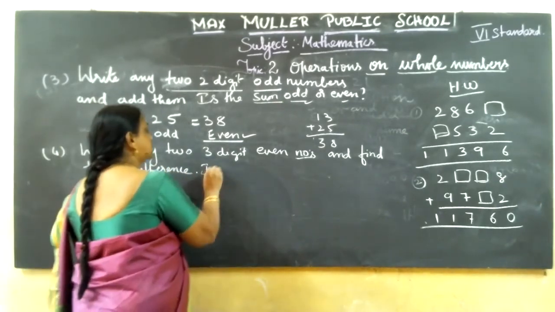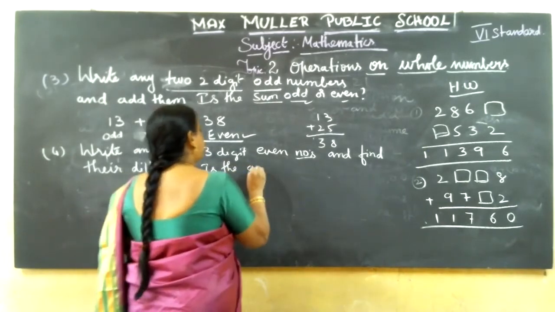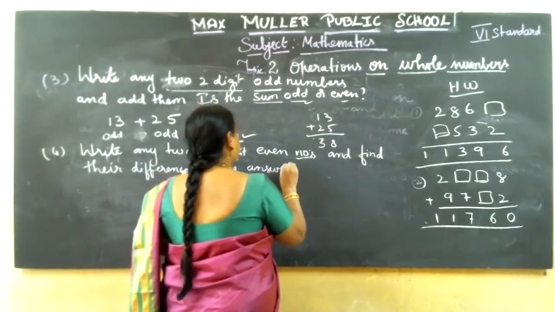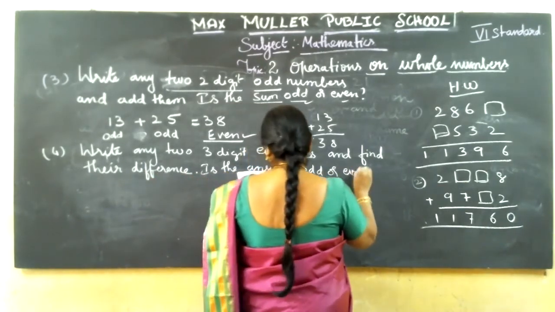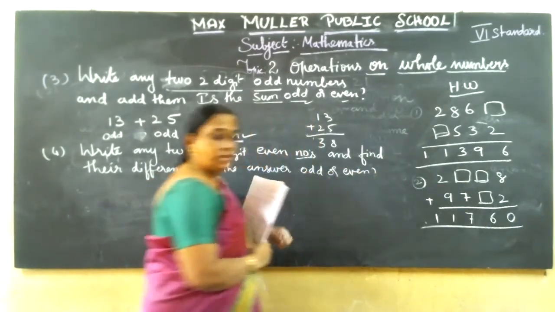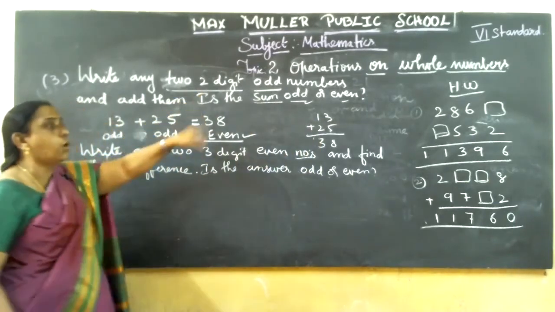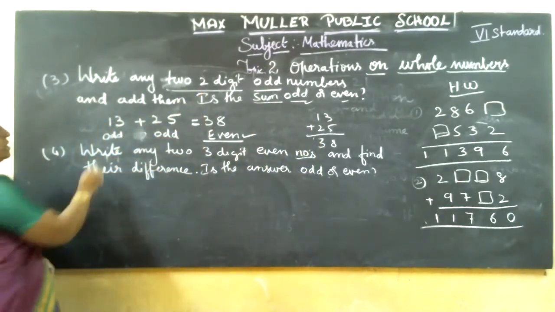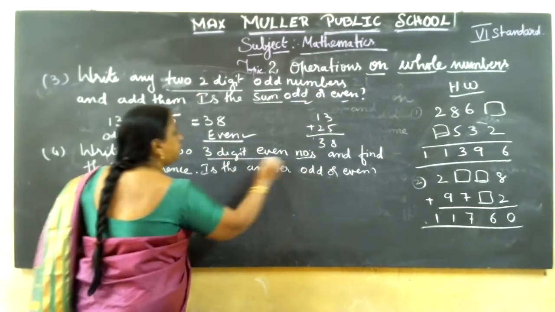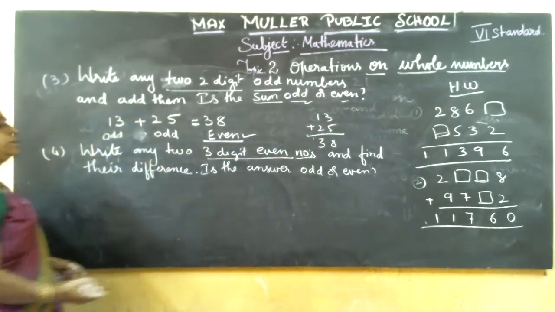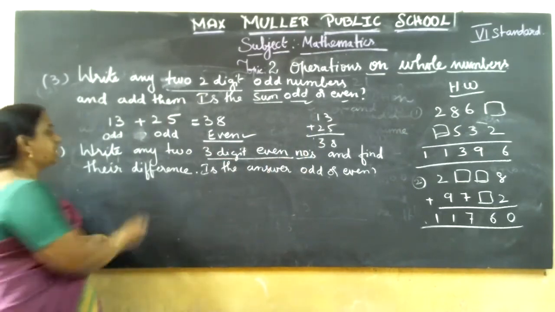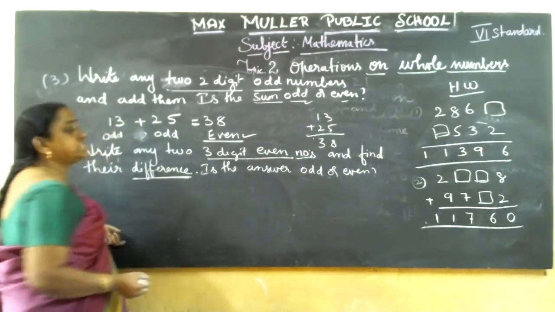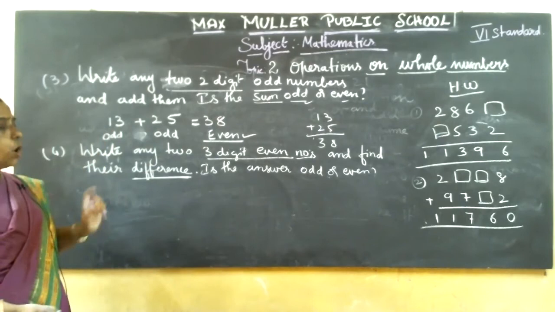Is the answer odd or even? Okay, same. Now here, with two-digit numbers we took odd numbers. Here, three-digit even numbers. You should take any two three-digit even numbers and find their difference. Difference means what? Subtract. Is the answer odd or even?